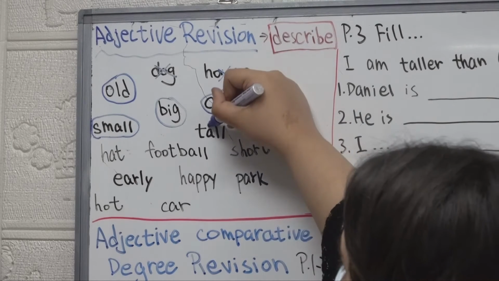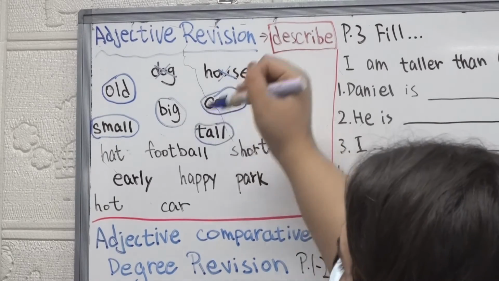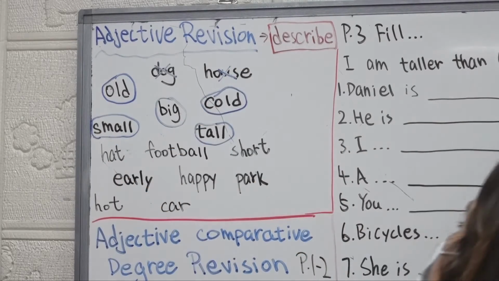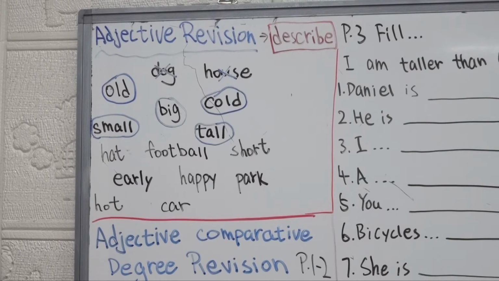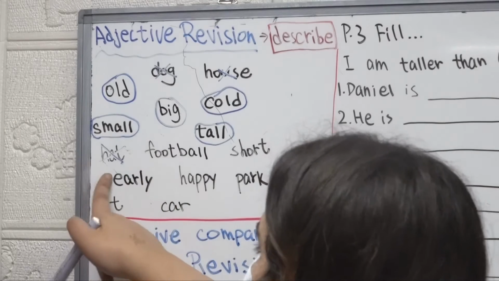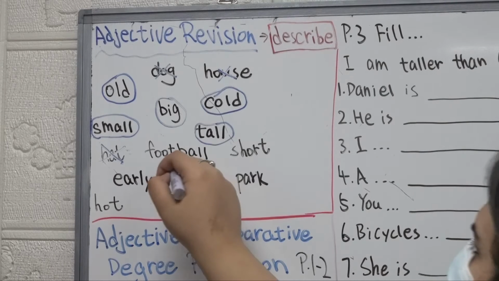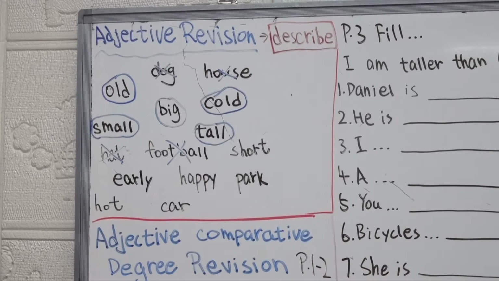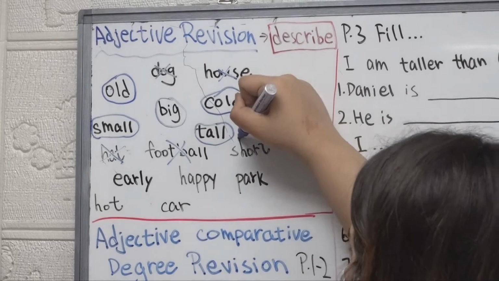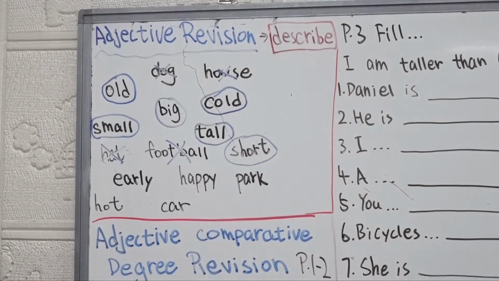Yes, it is, right? Used to describe something. All right, hat. Is hat an adjective? No, right? We wear this on our head, but this is not an adjective. Football. Do you think football is an adjective? No, it is not. How about short? Is short an adjective? Yes, right? It is the opposite of tall. Yes, it's an adjective.